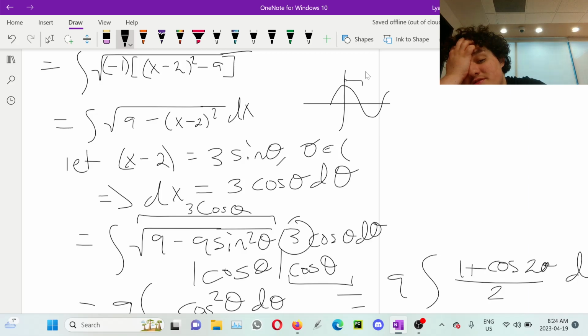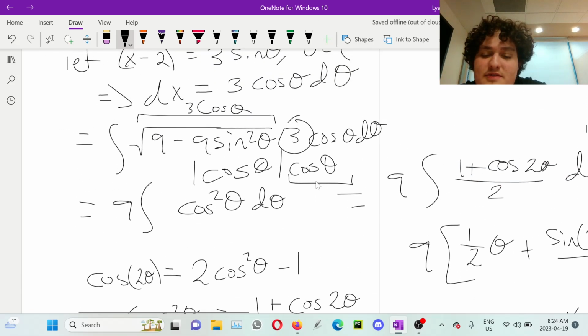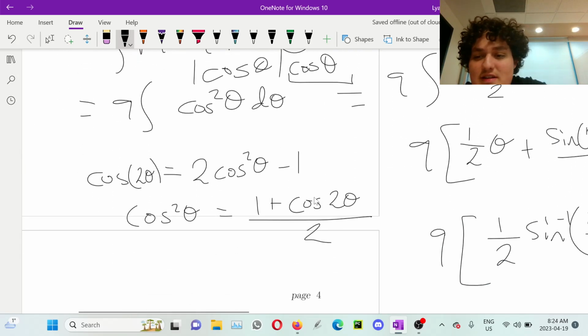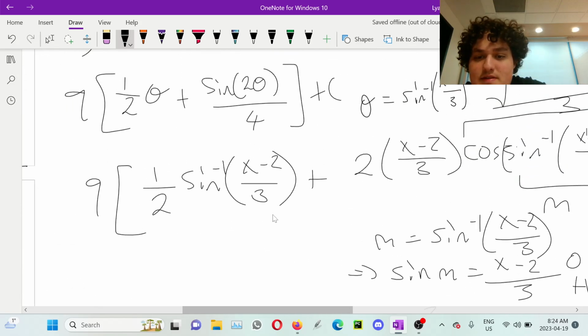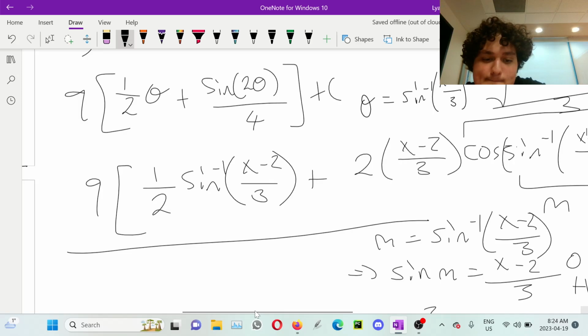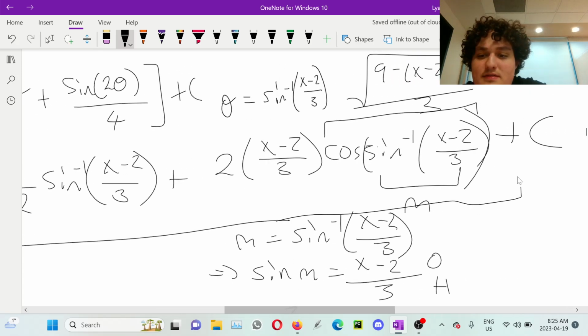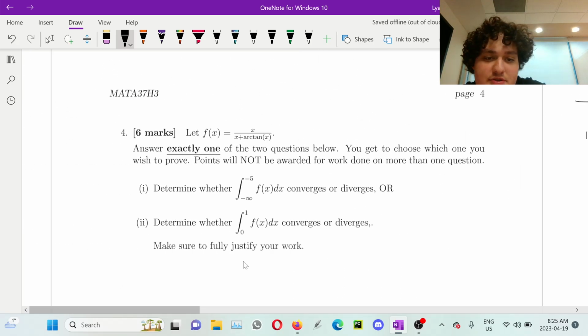I honestly don't know. Whatever. Some interval where cosine is positive, so then you can just remove the absolute value, right? Something like that. Okay, and then your final answer would be this. You can expand the 9 into it if you want to. Doesn't matter. Right? Okay. Next question.